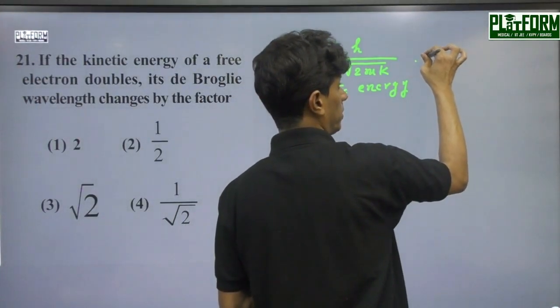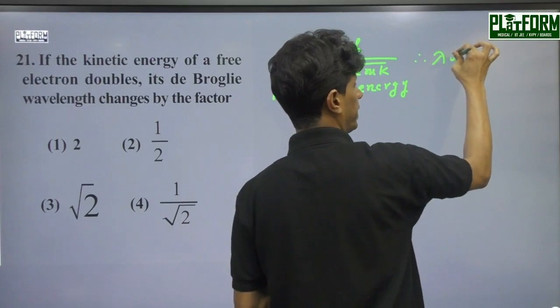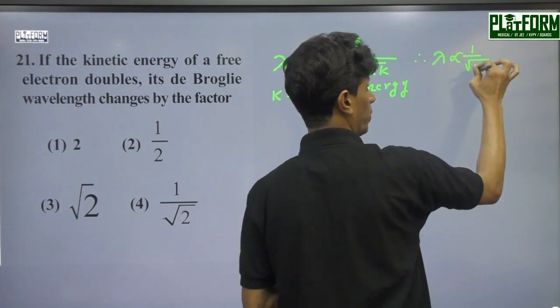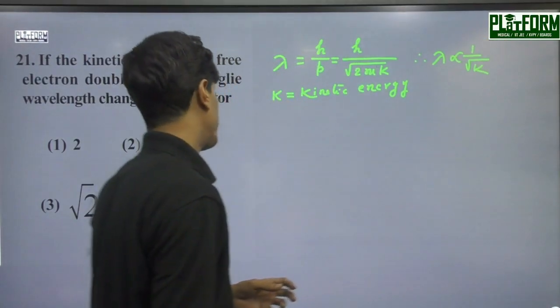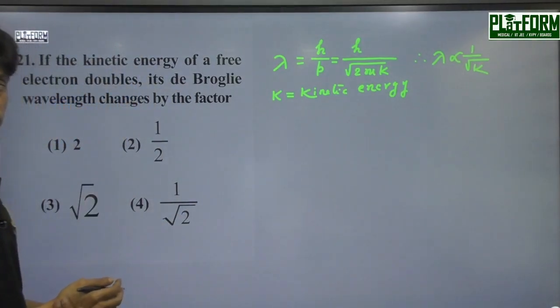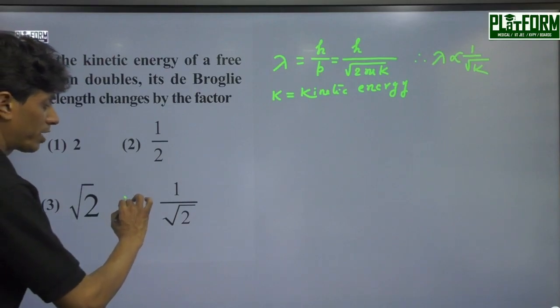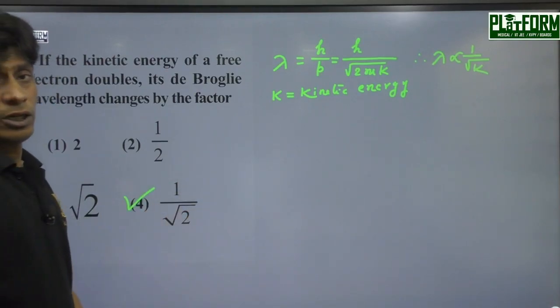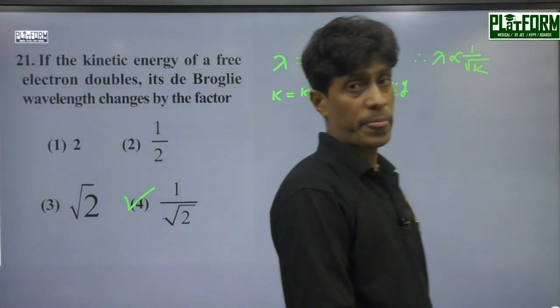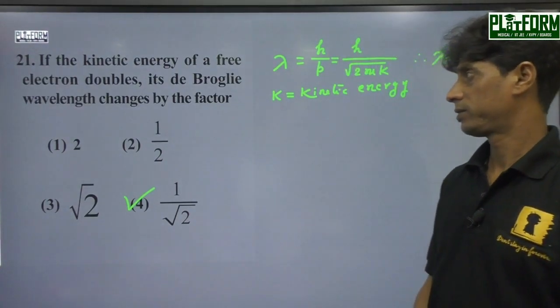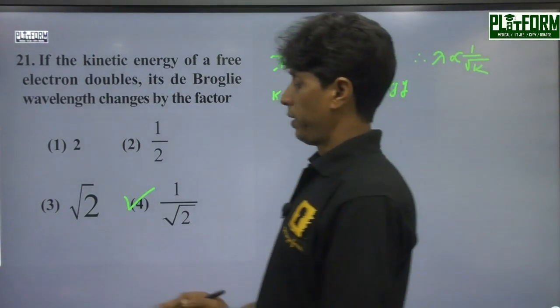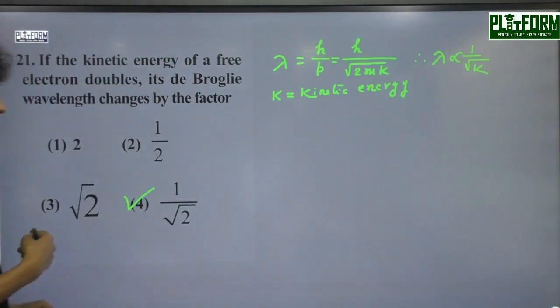Simple. Lambda varies as root over 1 by K. Since the kinetic energy doubles, the wavelength decreases by 1 by root 2 times. Simple questions. Let us move.